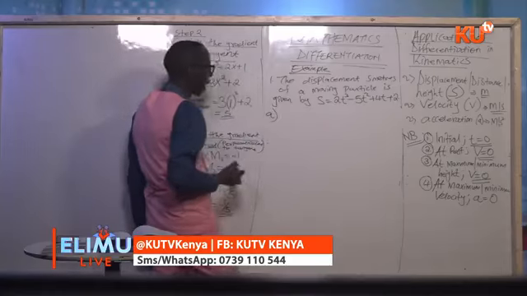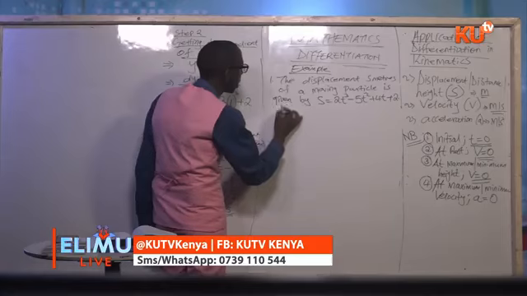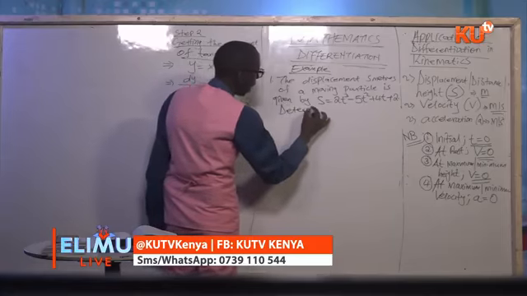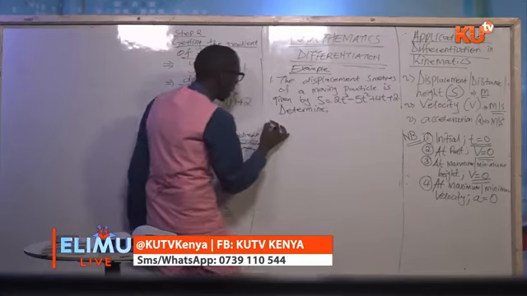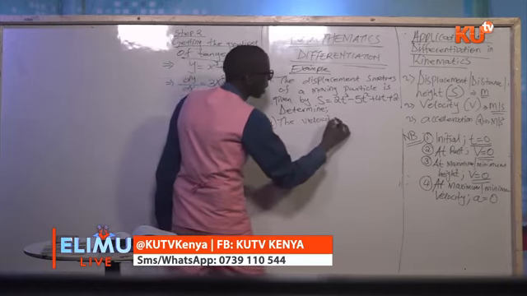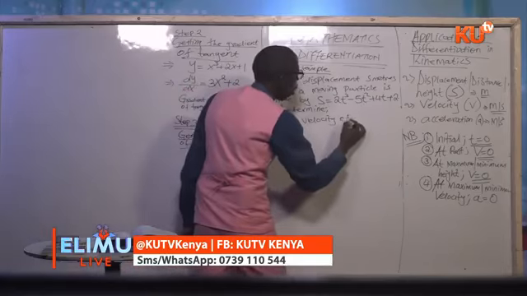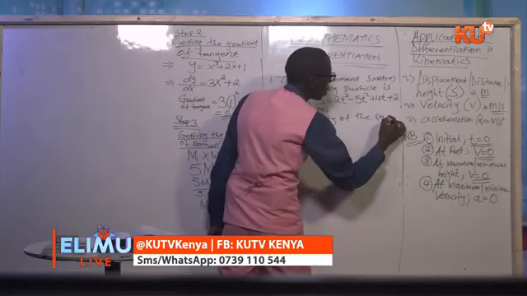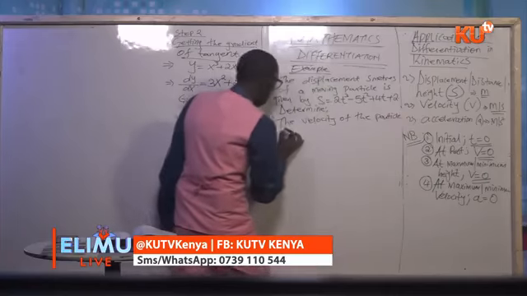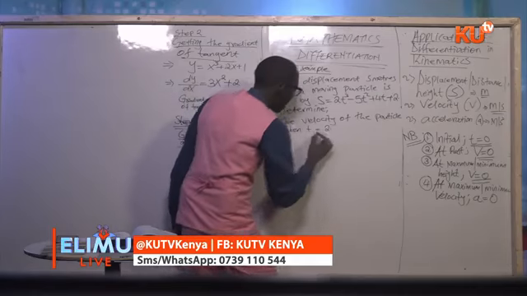Question A, determine the velocity of the particle when t is equal to 2. Solution.